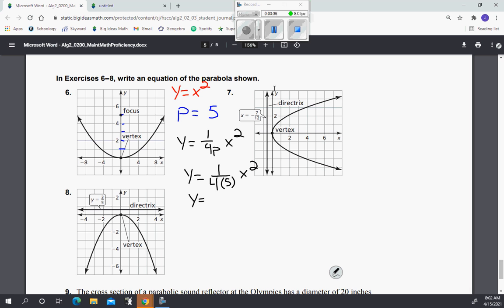And we get y equals 1 over 20 x squared. Now, I'm okay if you leave your answer like this. I'm also okay if you multiply by 20 on both sides and you get 20y equals x squared. Both answers are correct. One has a fraction, one doesn't.